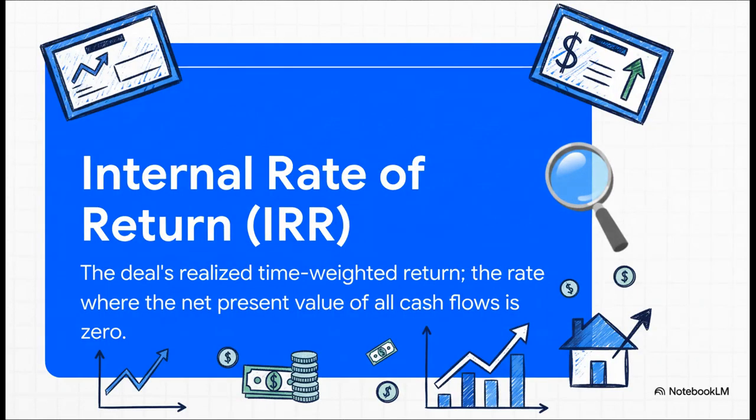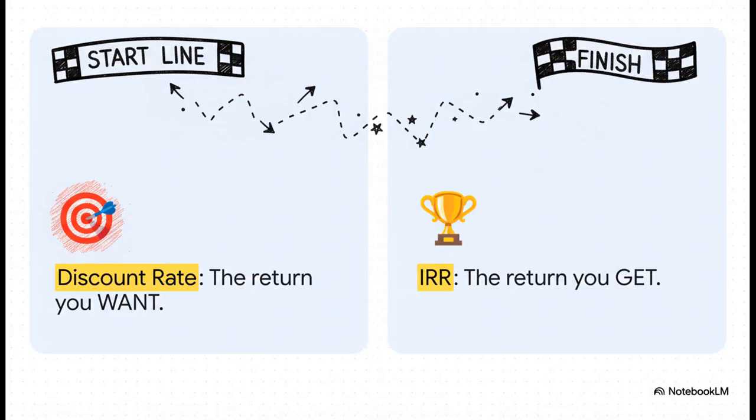The second pro tool is the internal rate of return, or IRR. Now, if the discount rate is the goal you set before the game, the IRR is the final score on the scoreboard after the game is over. It calculates your actual total return, considering every single dollar you earned over the years and that big final sale price. It really is that simple.